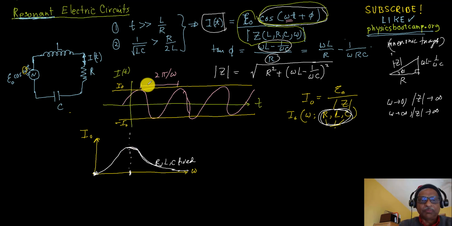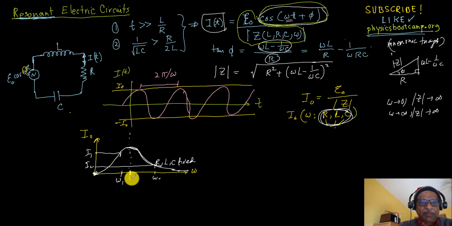So suppose I was at this frequency, omega 1, then it will oscillate between plus and minus, say, I1, and if I am at omega 2 here, then it's going to be oscillating at I2.